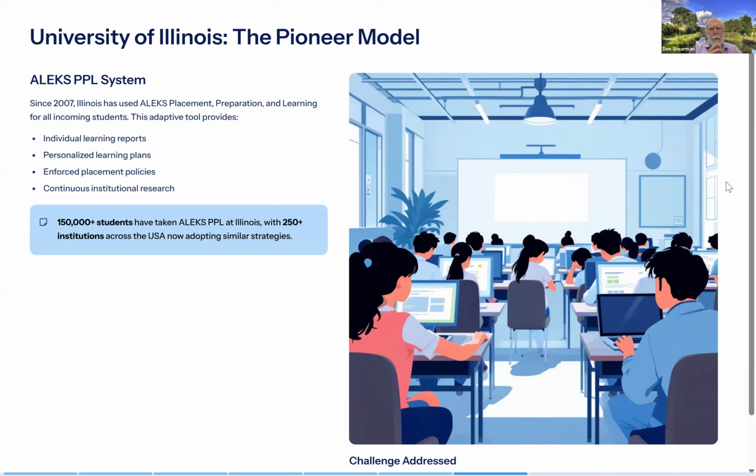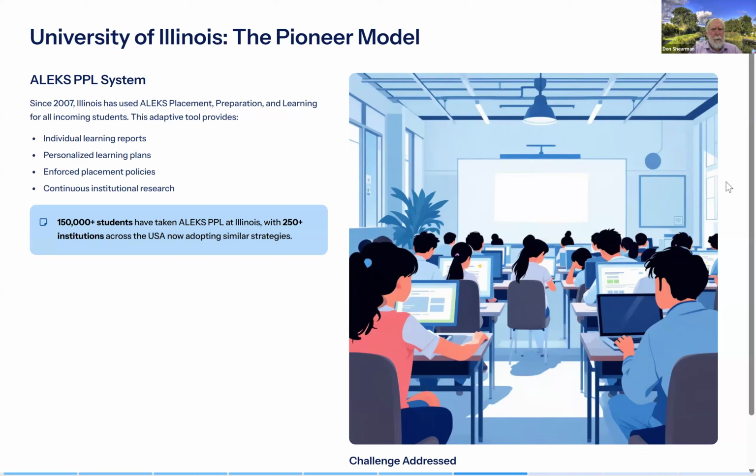So it gives them personalised learning plans. They've enforced the placement policy, so students have to reach certain levels if they want entry into the higher maths units in first year. And it's given them data for research. As you said, there are 150,000 students.